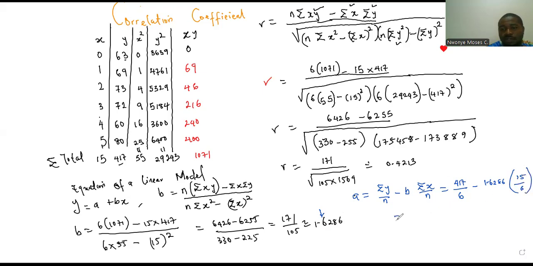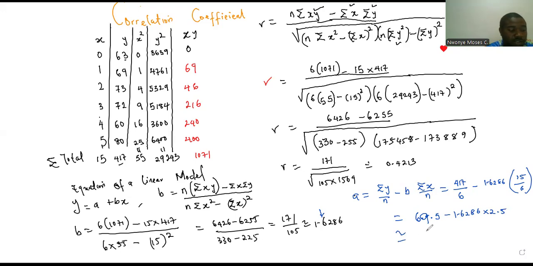So it's straightforward. At the end of the day, we're going to get 69.5 minus 1.628 multiplied by 2.5.